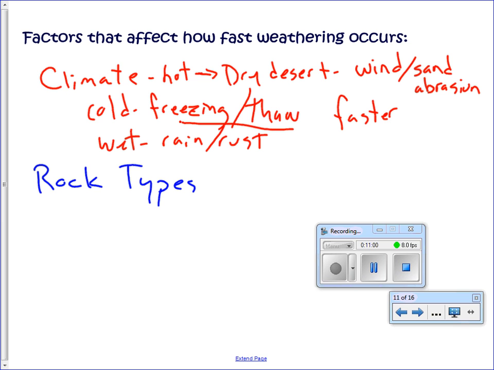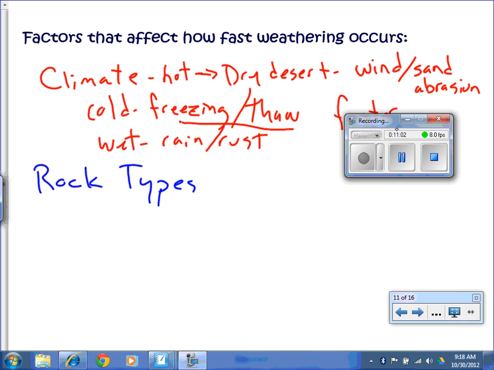Okay, rock types. How are the rock types going to affect? What rock types are going to erode faster than others? You looked at some rocks and minerals. What do you think? What are some that would erode faster? Yeah, something that's very soft, like talc and gypsum. Good. Limestone and anything that's going to react like that.